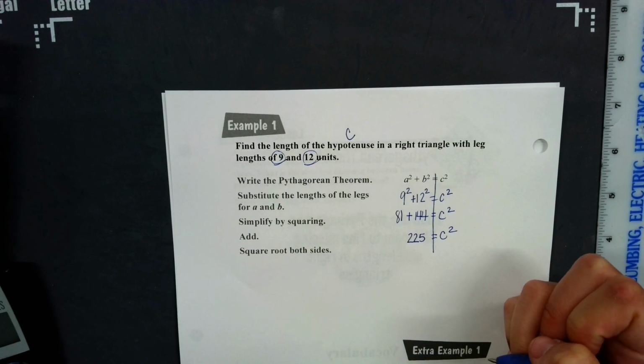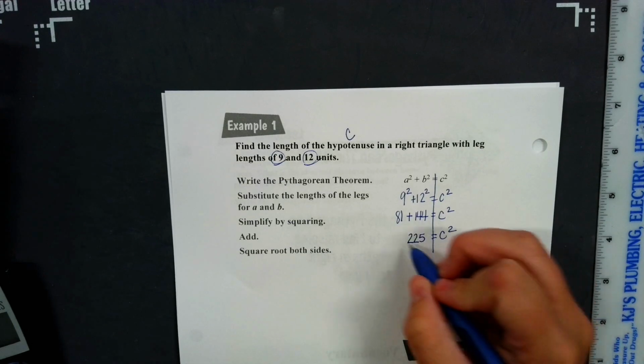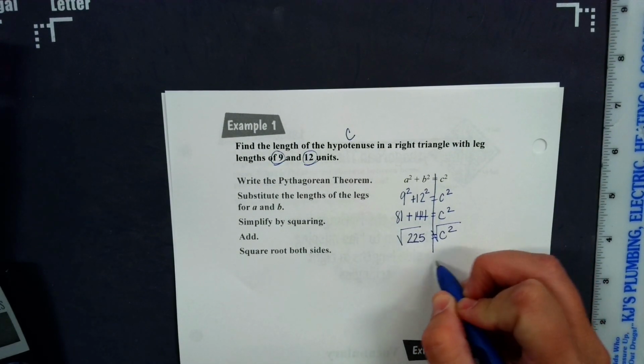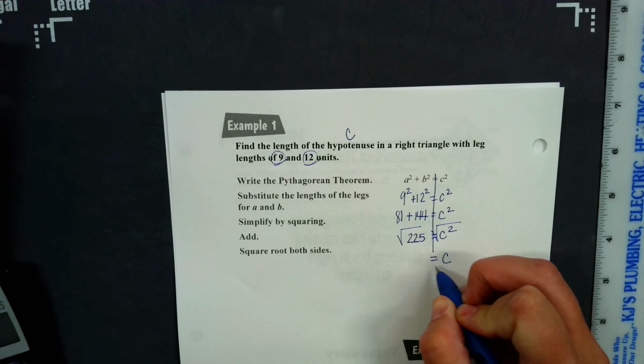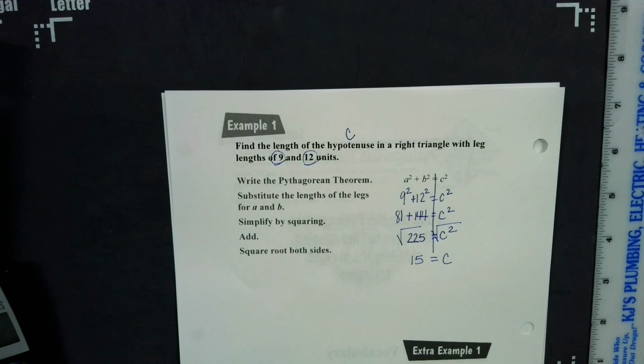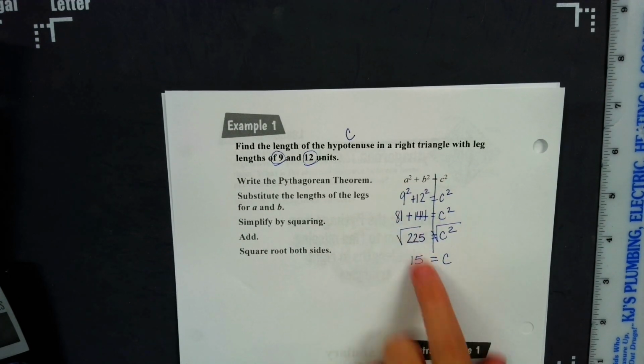How do you get rid of a square? Square root. C equals 15. You'll see why later, because I'm not going to be this nice all the time.